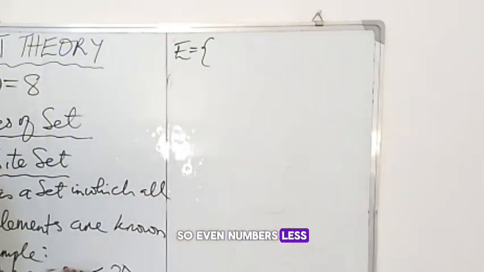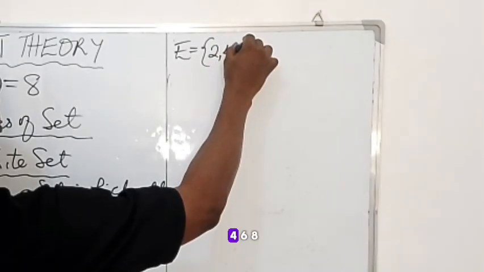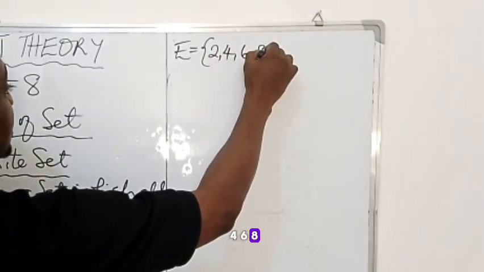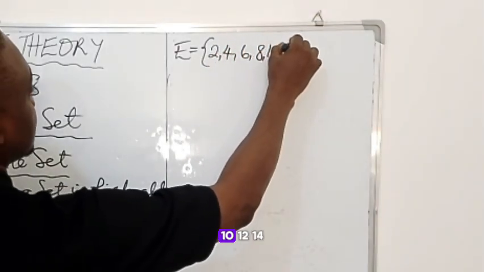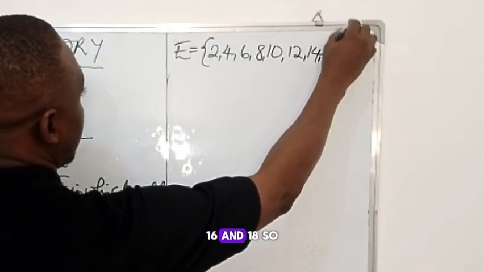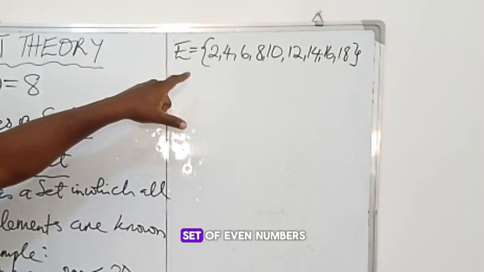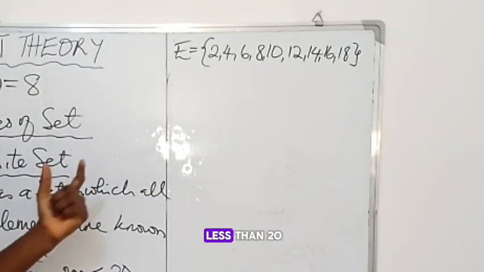So even numbers less than 20, we're talking about 2, 4, 6, 8, 10, 12, 14, 16, and 18. So this is a set of even numbers less than 20.